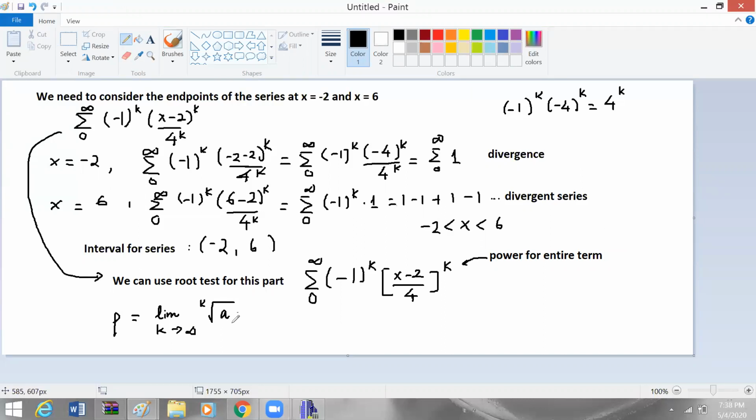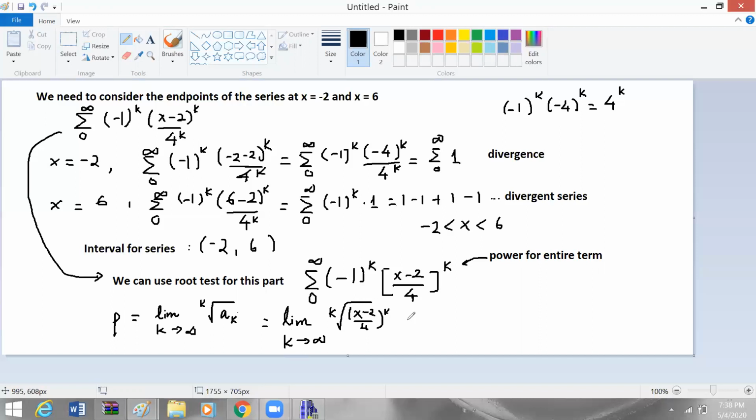We just literally have to take the power for that and see what it is. So what is a_k? The k root of a_k would be this guy, x minus 2 over 4, raised to the k power.